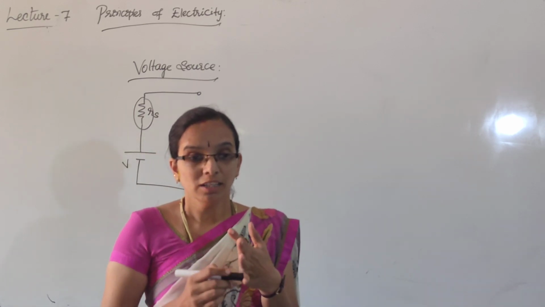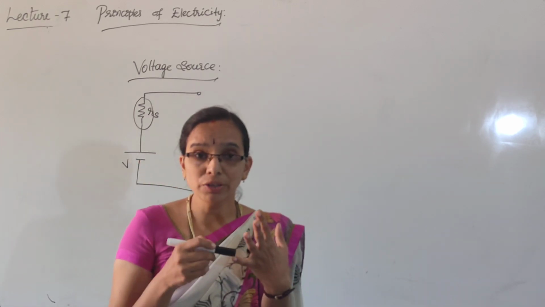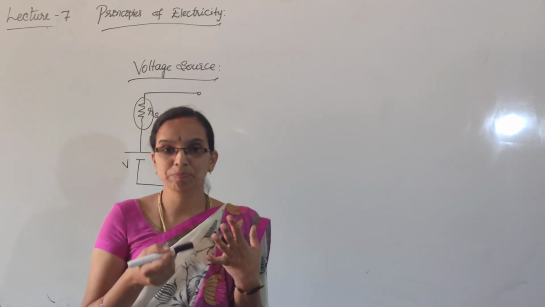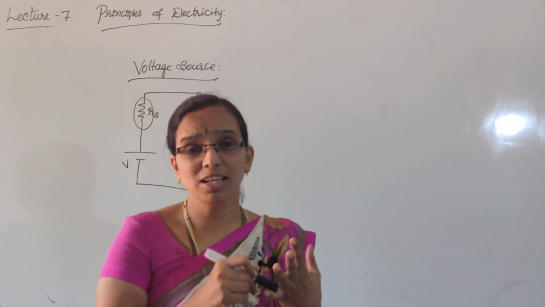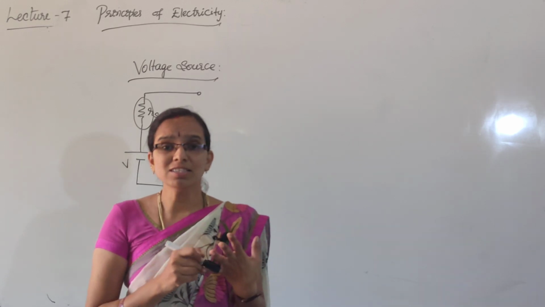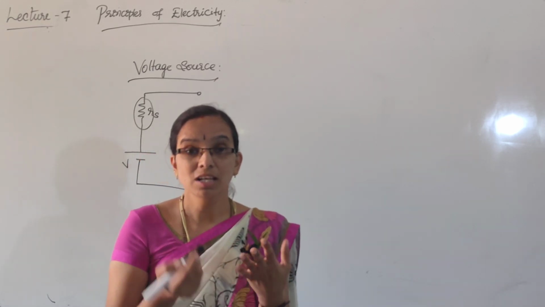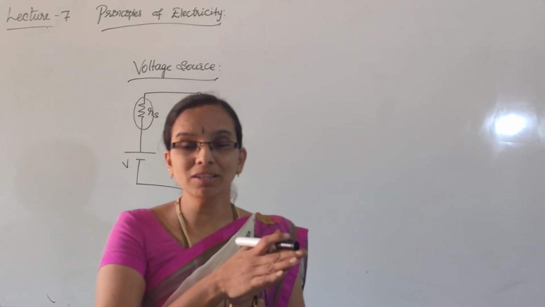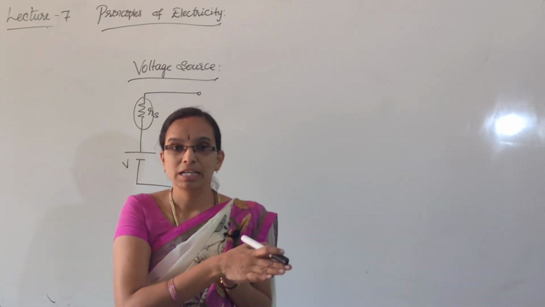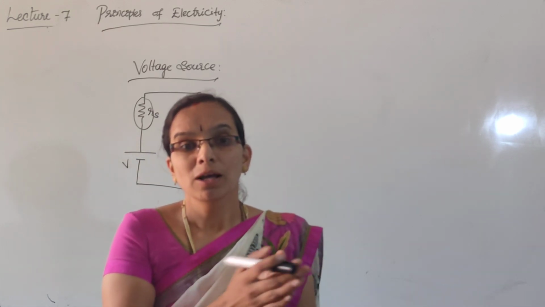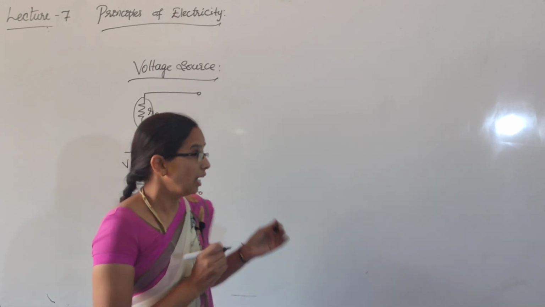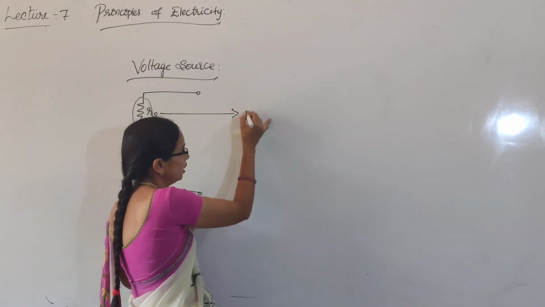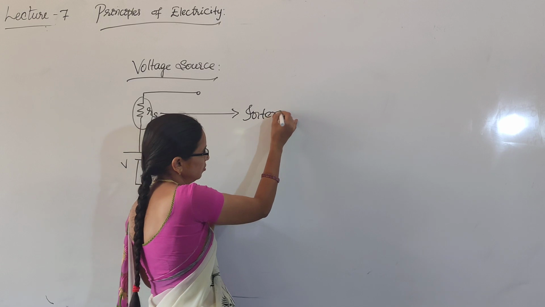Because we are using so many chemicals to construct the cell, there exists some resistance. So the opposition offered by the cell itself to the flow of electric charges is called internal resistance.